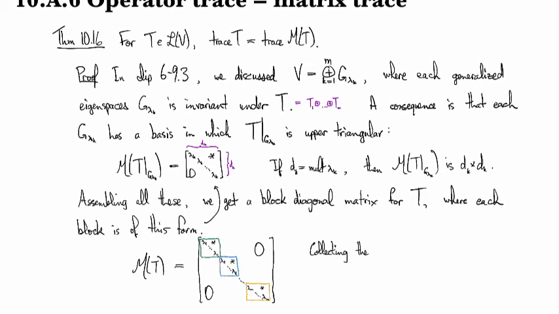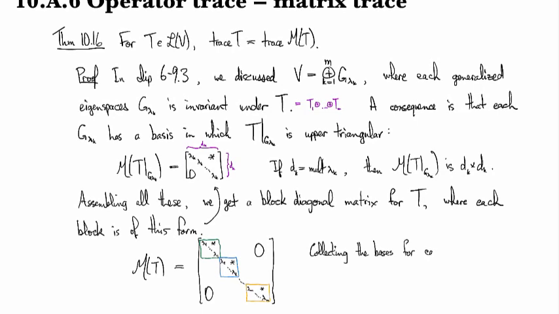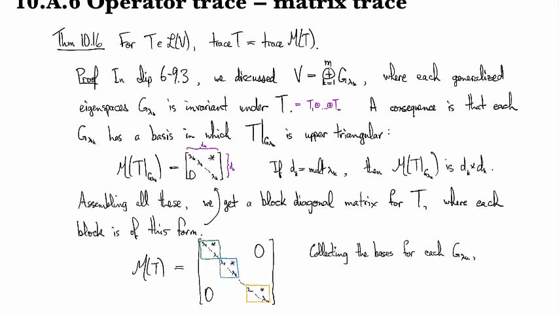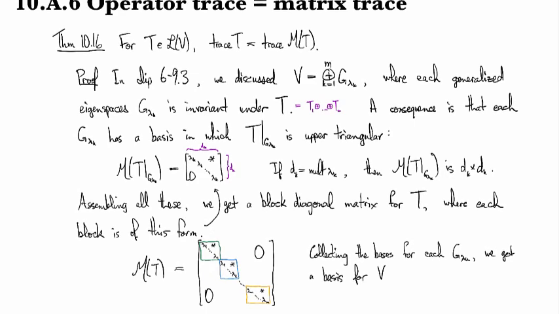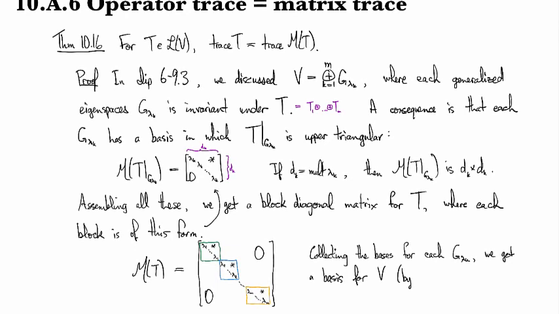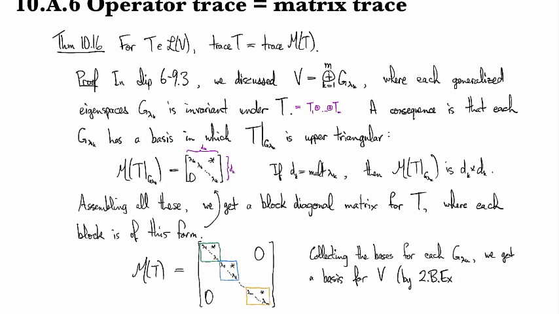So when we collect the bases for each of these G lambda k's, and just collect them all together, we get a basis for all of V. And this was actually an exercise, 2.B exercise 8. So going way back to the very beginning of the course.